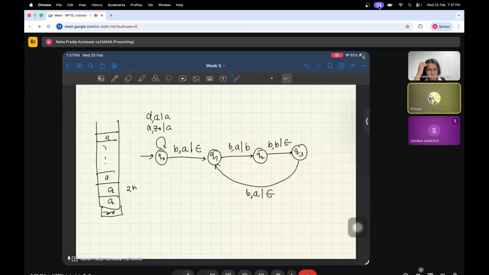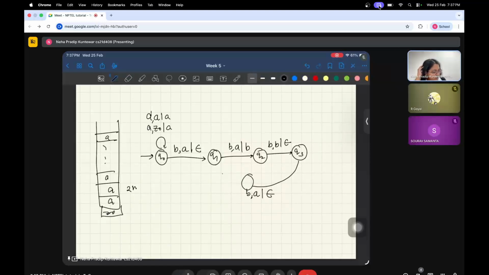Otherwise, if you use this notation in a different way: I read one B, one more B, one more B, three B's from the tape, and after reading three B's, two A's have been popped off. But here you have read one, two, three, four. That whole thing can be implemented by just adding one state here is what I'm saying.